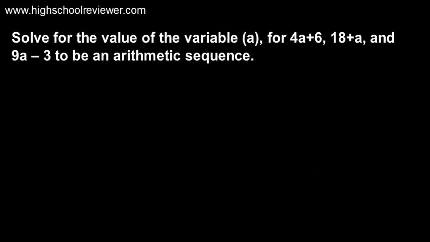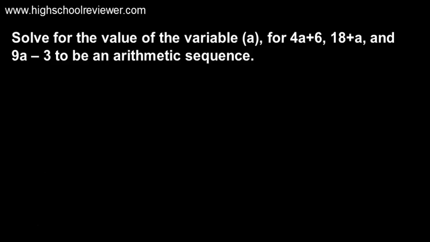Arithmetic sequence word problems. Our next problem: solve for the value of the variable a, for 4a plus 6, 18 plus a, and 9a minus 3 to be an arithmetic sequence.